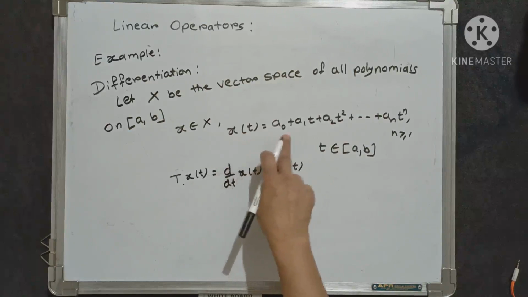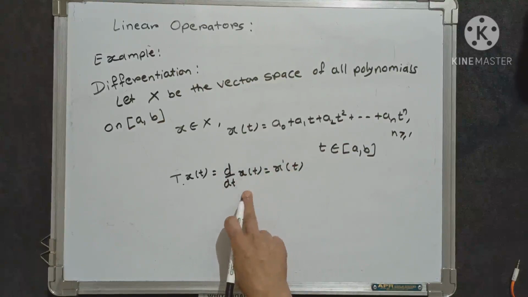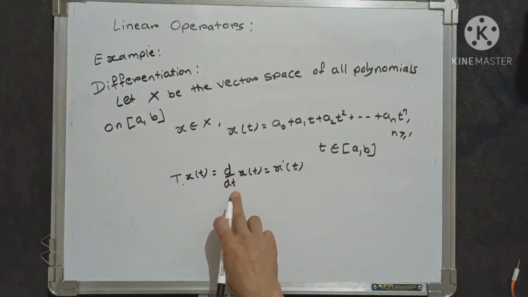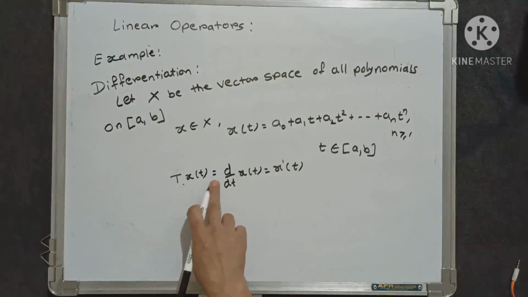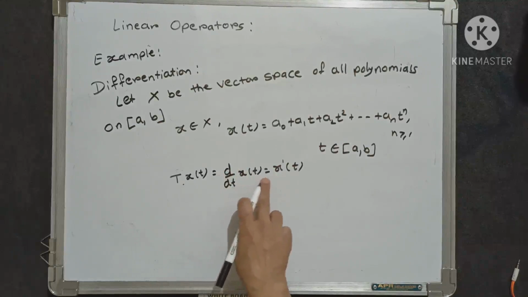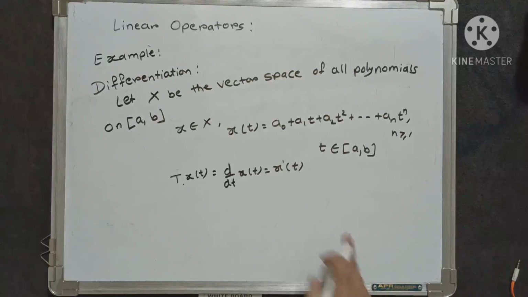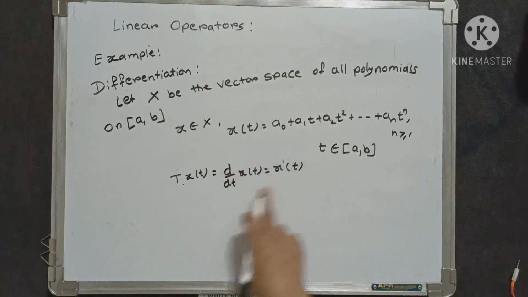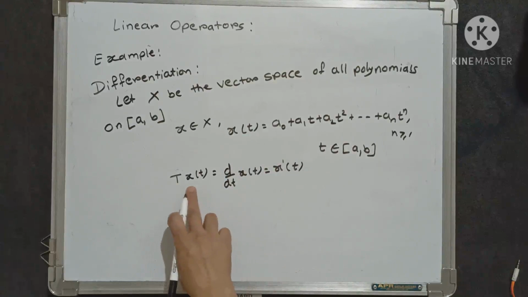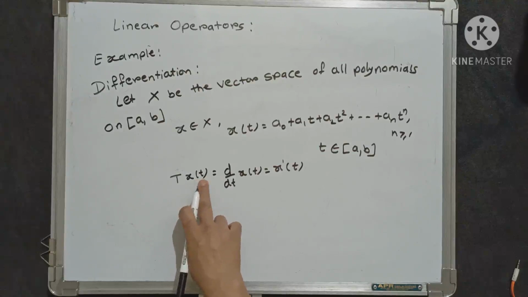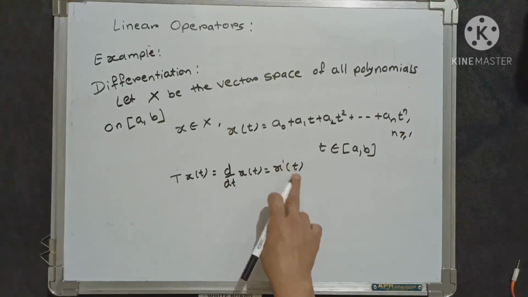As the polynomial is differentiable, we can take T of x of t equals d by dt of x of t equals x prime of t. As a polynomial is differentiable, this definition is well defined.